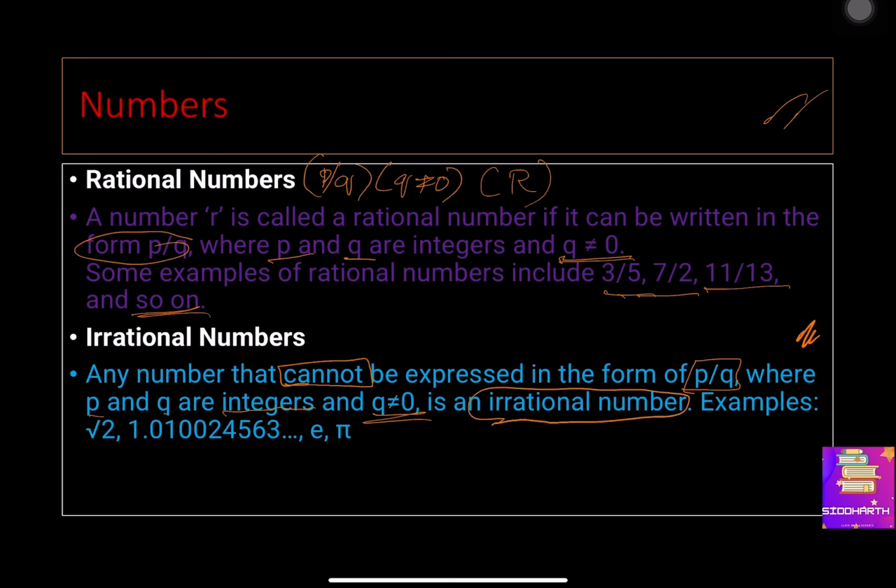Examples are root 2, e, pi. So: natural numbers, whole numbers, integers, rational numbers, and then irrational numbers.